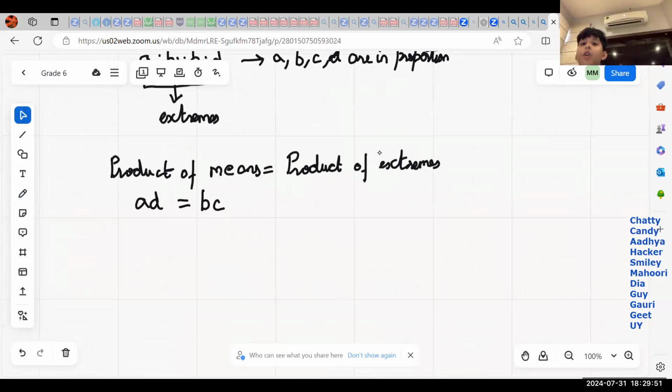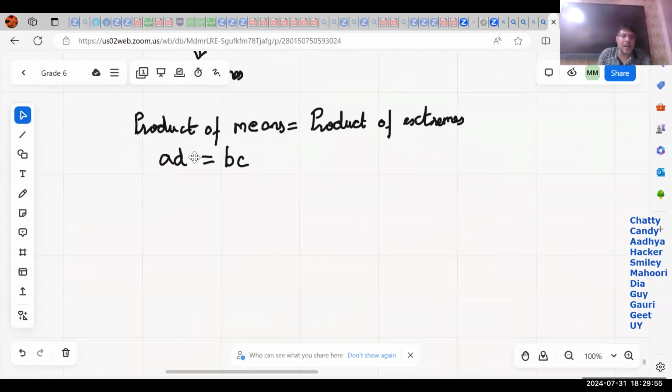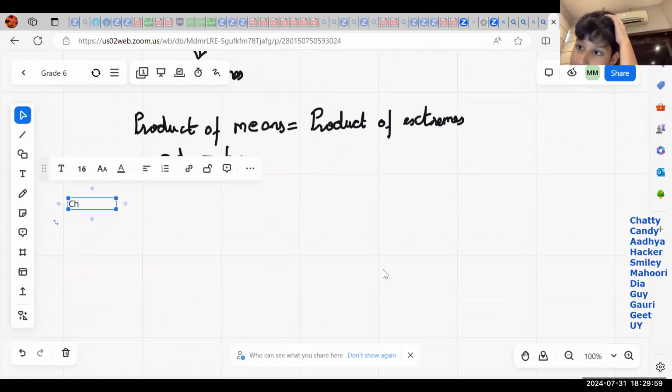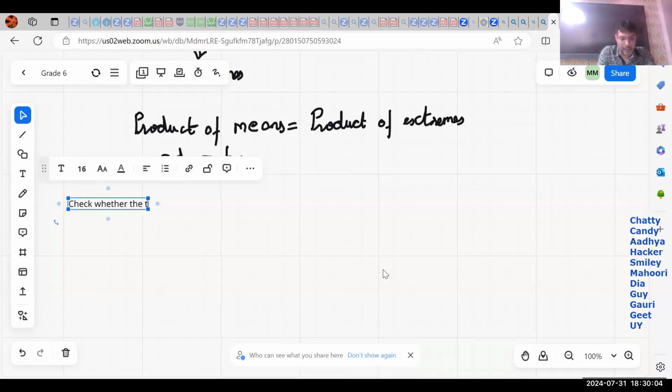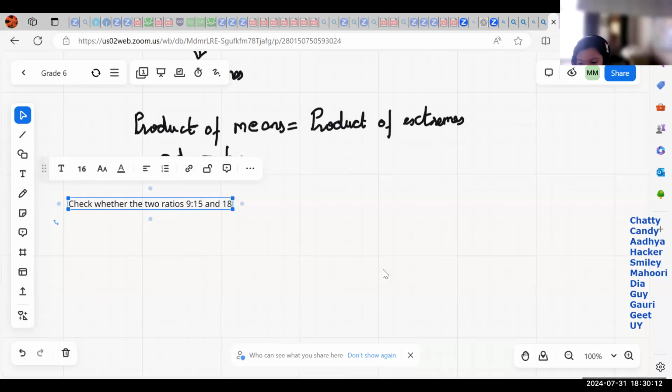Okay, sir. Understood. All right. So you can simplify or you can multiply. Depends on you, but in school, if the numbers are small, they multiply, guys. Okay, sir. Thank you.